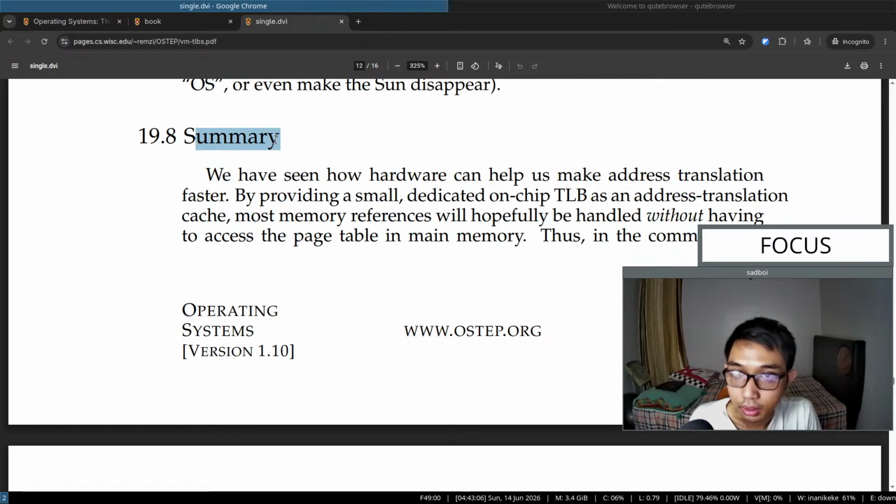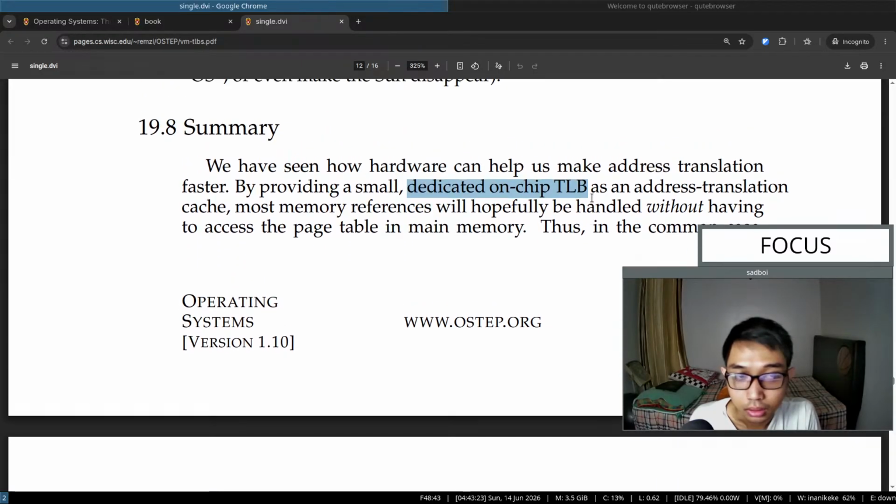Okay, the summary. We have seen how hardware can help us make address translation faster by providing a small, dedicated on-chip translation look-aside buffer as an address translation cache. Most memory references will hopefully be handled without having to access the page table in main memory.